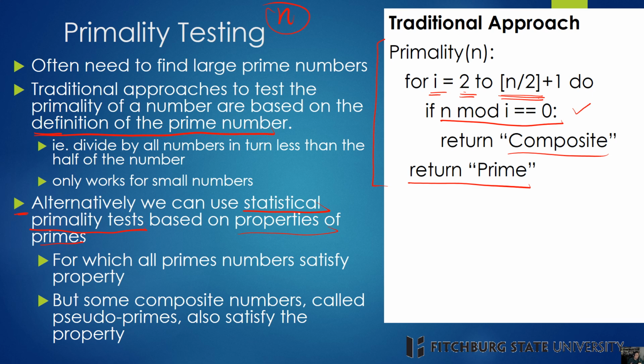So that's a statistical primality test. Even if we pass the test for n, we still cannot tell n is 100% a prime number, but we can say with 99.9999% chance, which is very close to 100%, that n is a prime number.